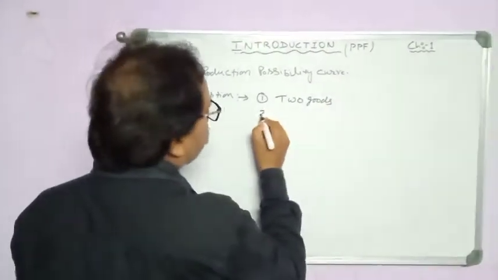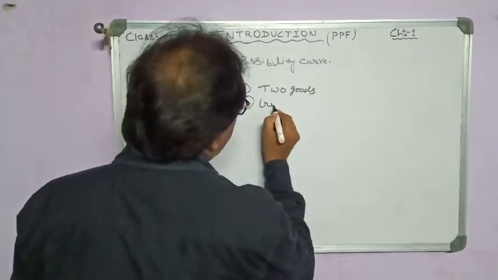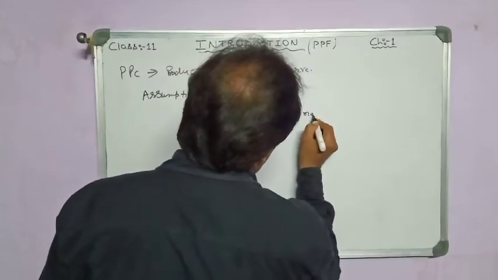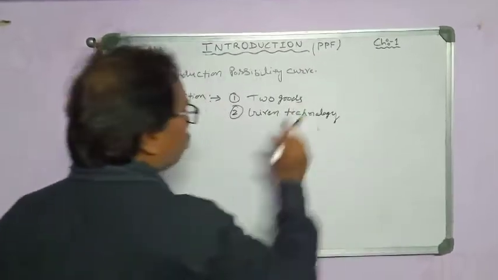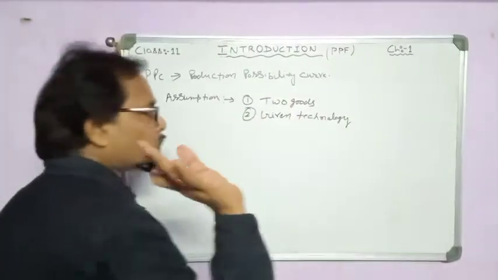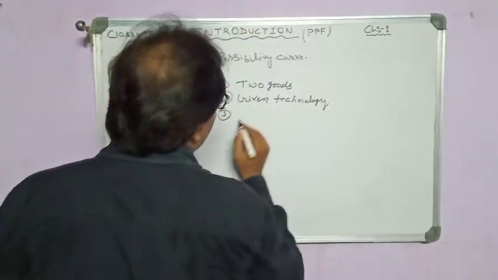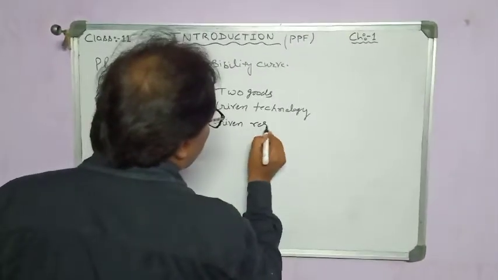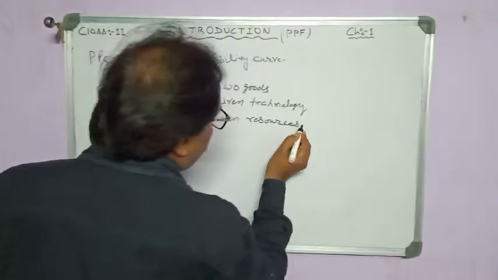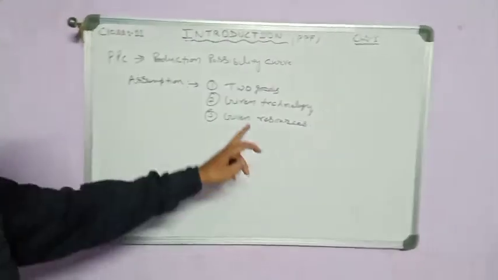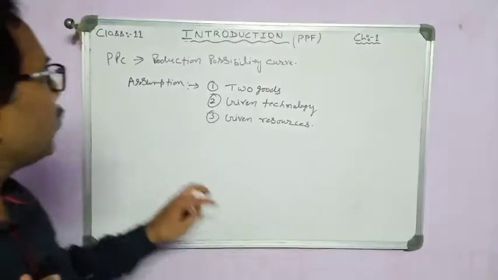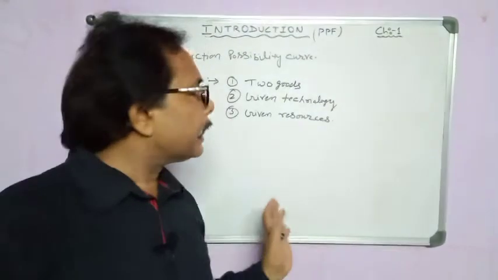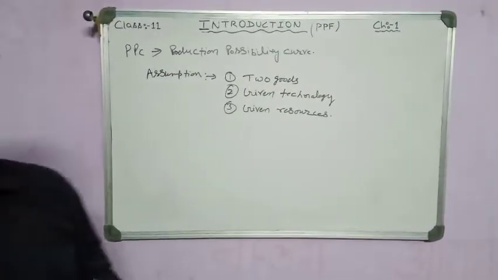Second, given technology, meaning technology should not change. And third, given resources. So neither a change in technology nor a change in resources is allowed when we apply the production possibility curve. These are known as assumptions.